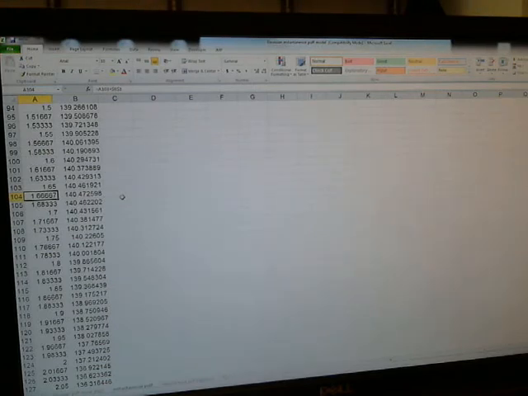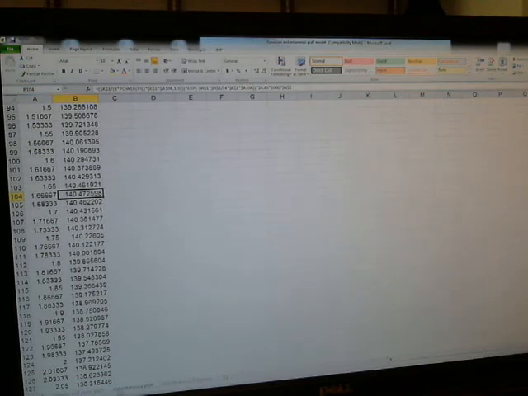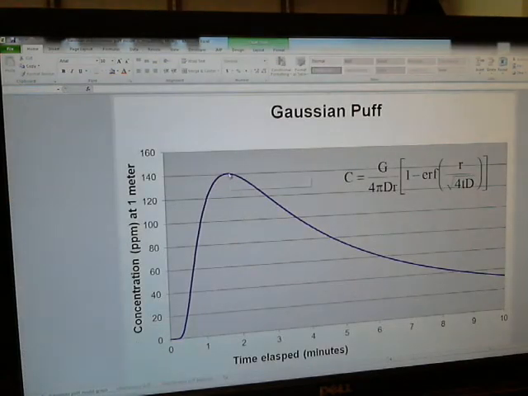So graphs are really good for being able to get a quick glance at it. But of course I was off by 2 seconds, right? So 140.5 is roughly our peak concentration at the 1 meter distance. It peaked basically at 145.